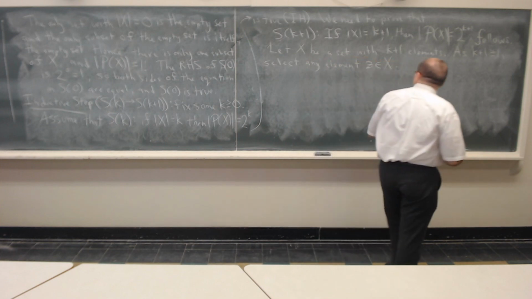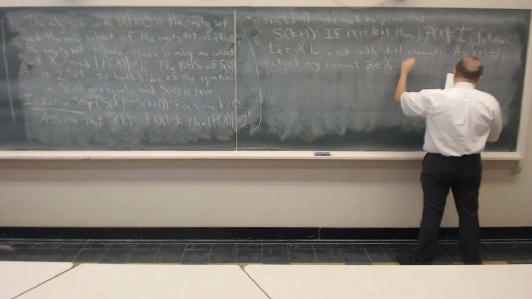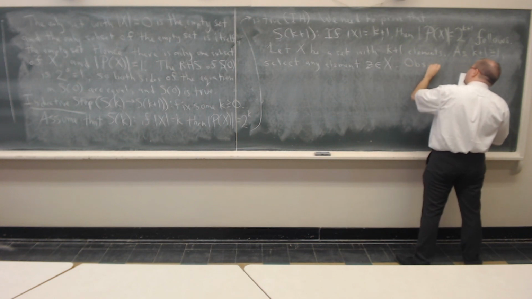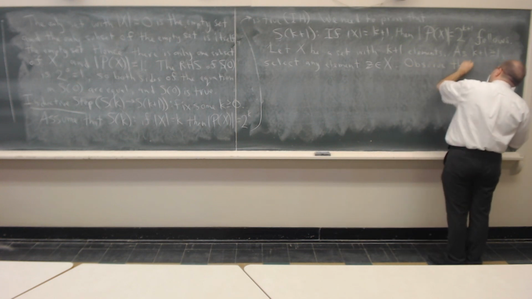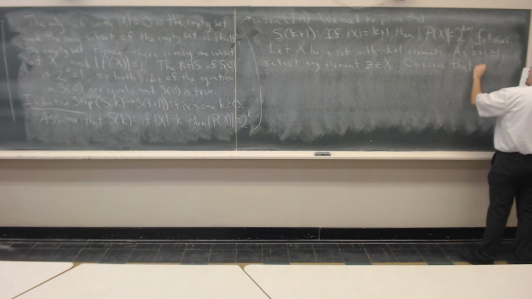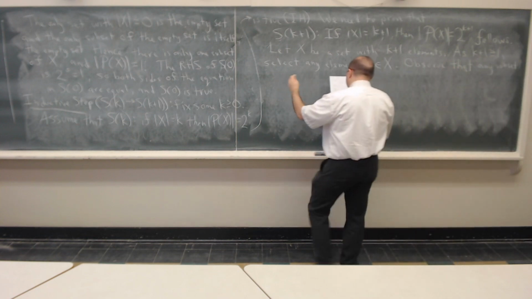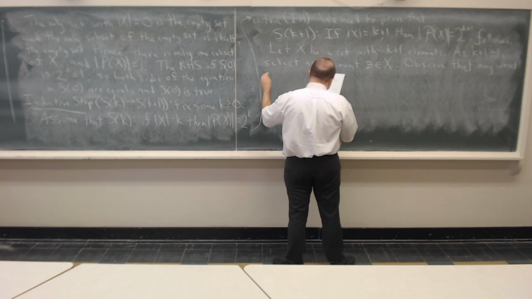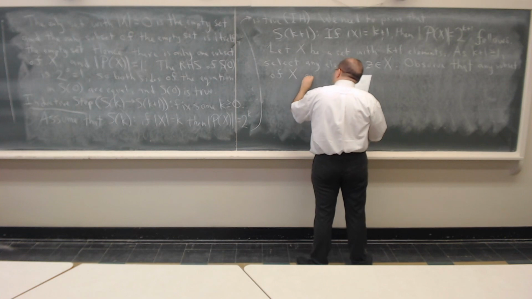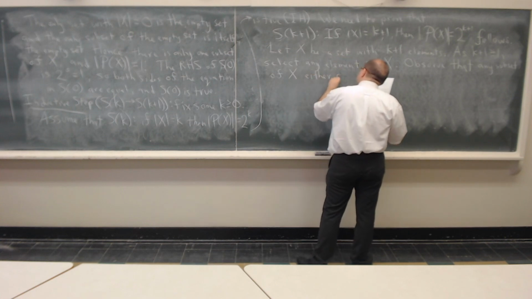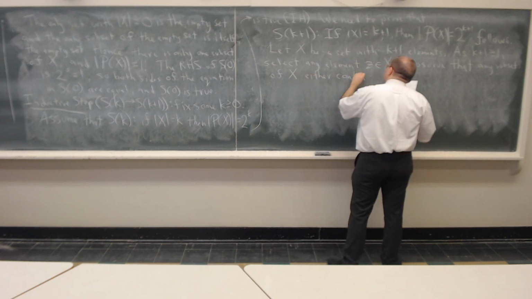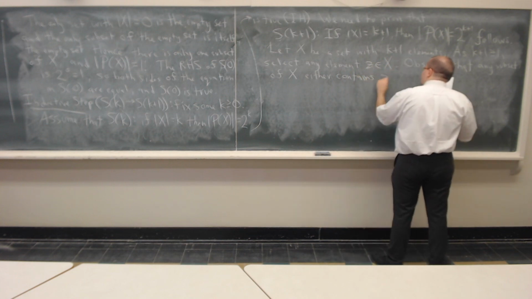So here's the idea. Observe that any subset of X either contains z or it does not.